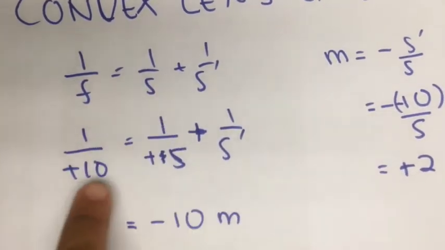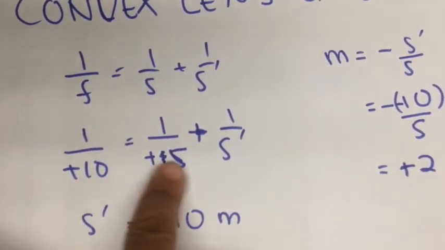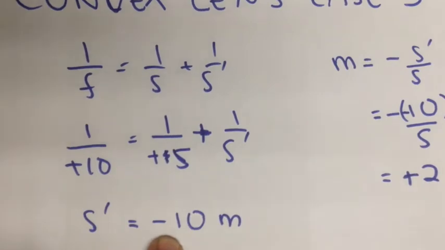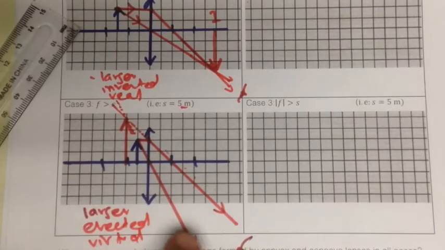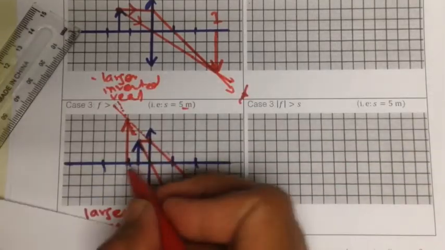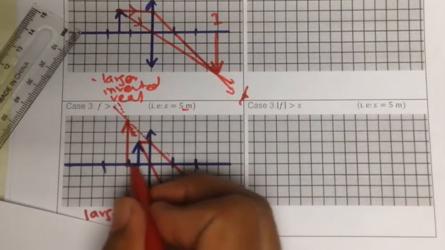Here is the same, only here the object is closer to the lens, so we have minus 10. Minus 10 here means that the image and the outgoing rays are on opposite sides by sign rule. So this is the opposite direction. This is minus 10, so it looks nice.